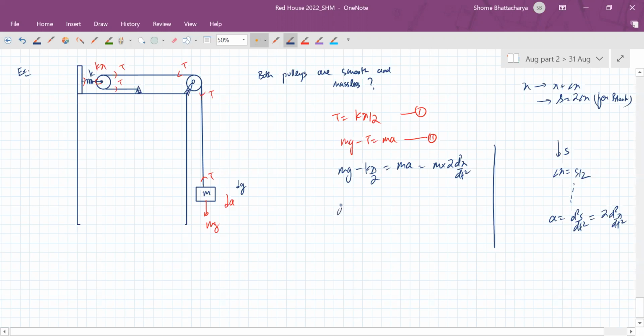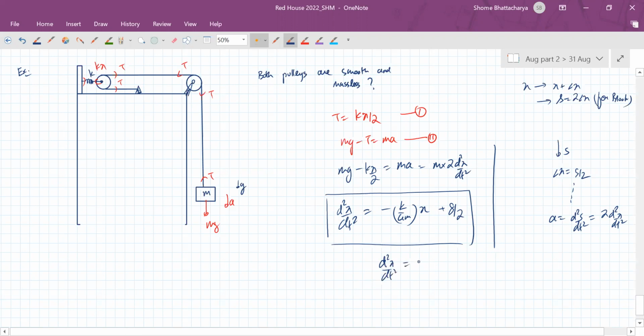So we have the relation that d2x by dt square is equal to minus k by 4m x plus, what is the term now, g by 2. So this is an equation of this type, that d2x by dt square is minus omega square x plus c. So x will be equal to A sine omega t plus phi plus x naught, where x naught is equal to c by omega square.